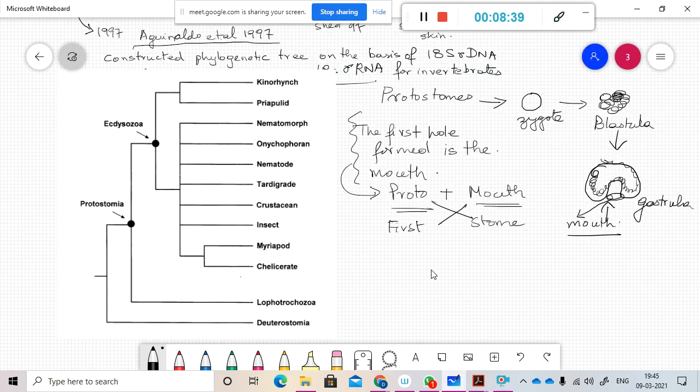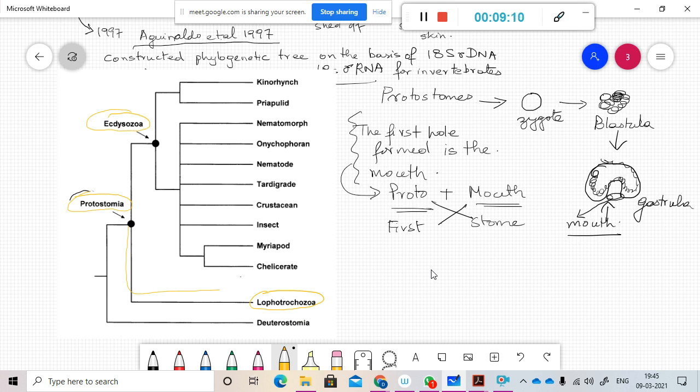The protostomes can be divided into one group from here, the Lophotrochozoa, and the Ecdysozoa.